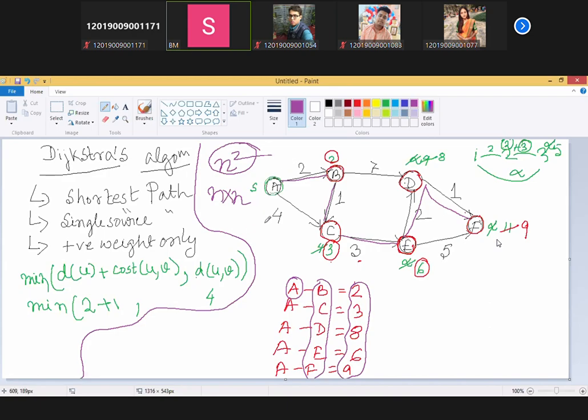So can anybody tell me, if I want to use this for all sources, whether it will be okay or not? And another one is, do you know what is the drawback of the Dijkstra algorithm?